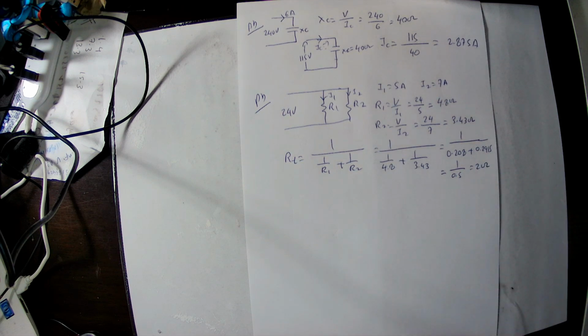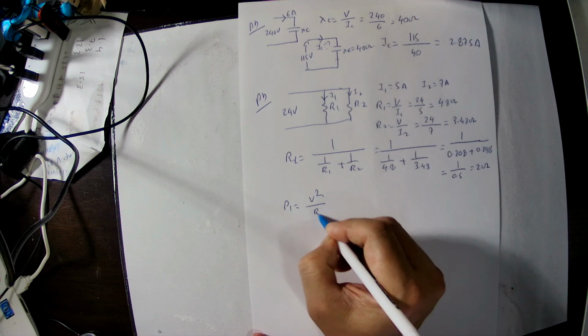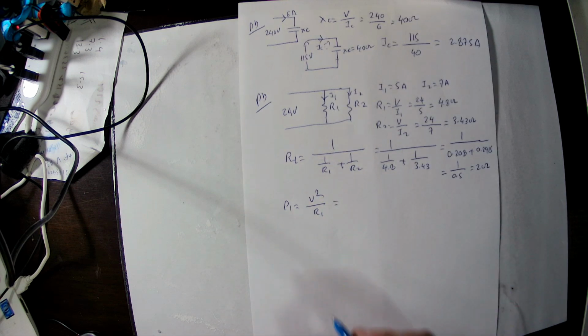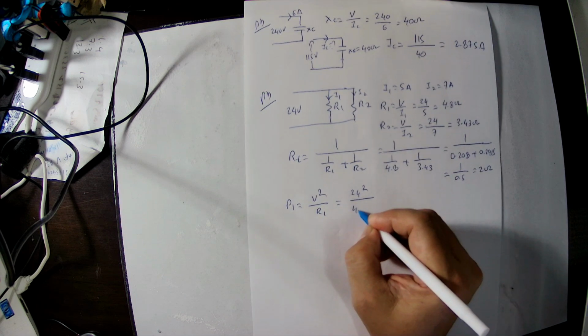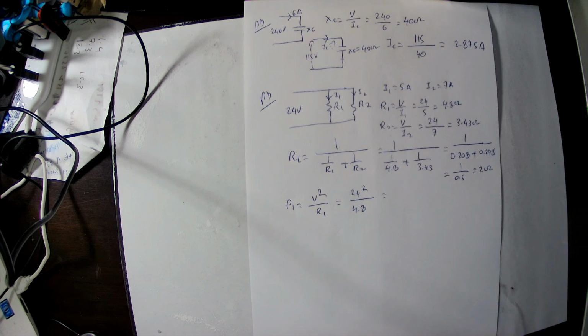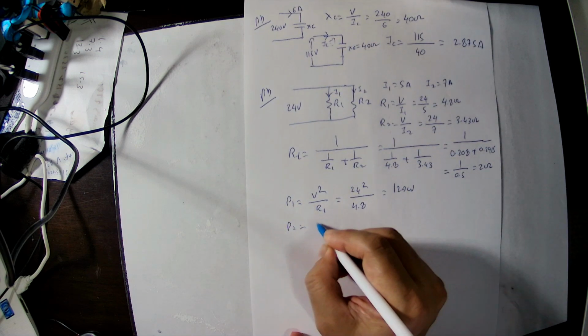Power dissipated by the resistances needs to be calculated. So P1 can be calculated as voltage squared divided by resistor R1. Voltage 24 squared divided by R1, which is 4.8. So 24 squared divided by 4.8 is 121. Power P2 is voltage squared divided by resistor R2.